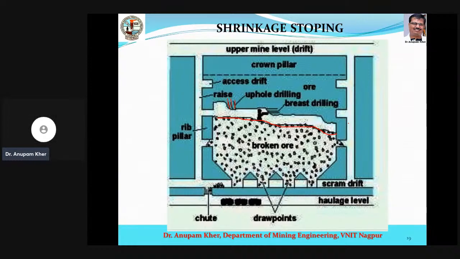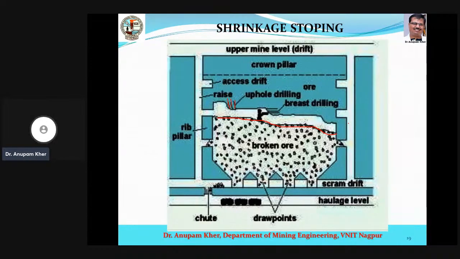That's why this method is classified under open stoping method. This has to be kept in mind from the exam point of view, that shrinkage stoping is to be considered basically as an open stoping method, or we should say as an unsupported method.